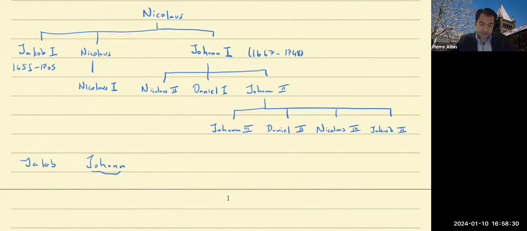L'Hôpital, in 1696, published the first ever calculus textbook based on Johann's lectures, but not acknowledging that it was based on Johann's lectures. He just says something in the acknowledgments that he's very grateful to the brothers Bernoulli, to the gentlemen Bernoulli, for all of their discoveries in calculus.